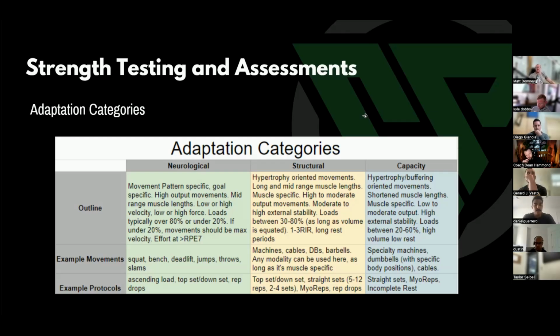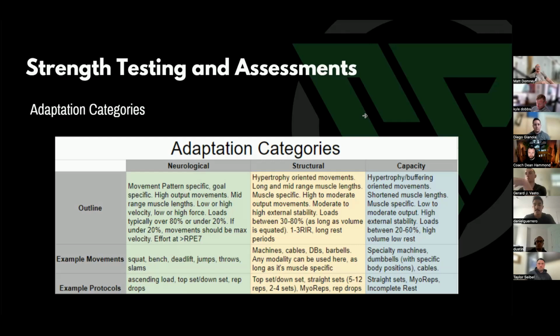The nervous system, as we know, is the thing that's most responsible for all high threshold motor neuron recruitment, max force production, and super heavy, slow, low velocity movements like heavy 1 rep max squatting, benching, and deadlifting. All of those things are driven primarily by the nervous system.